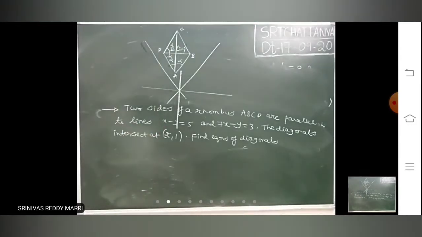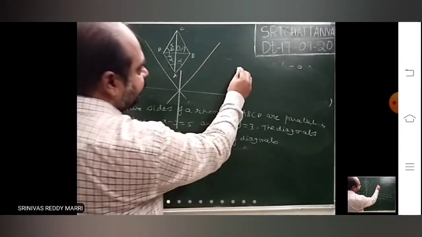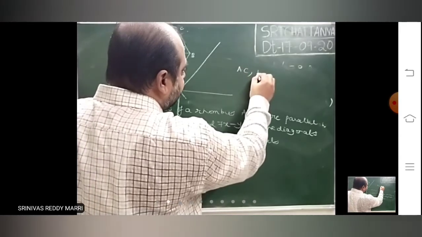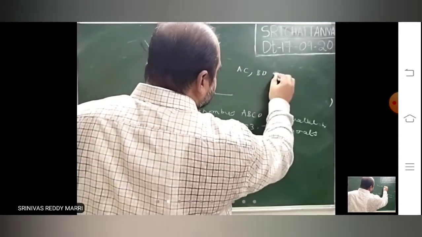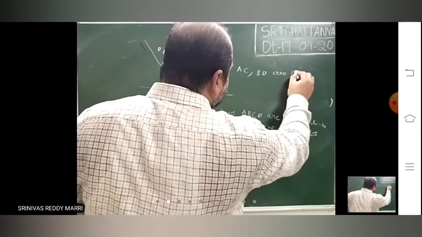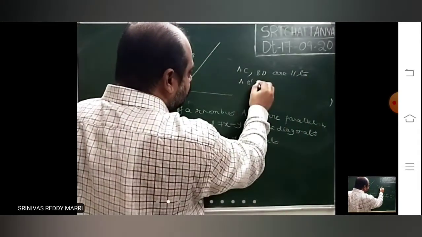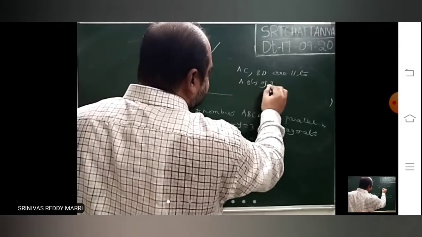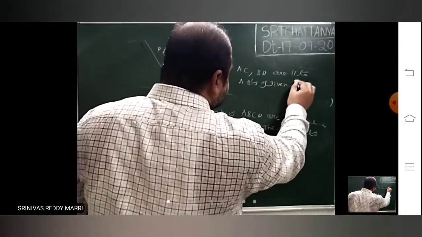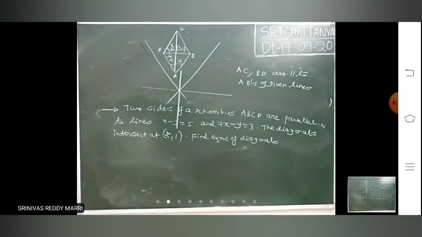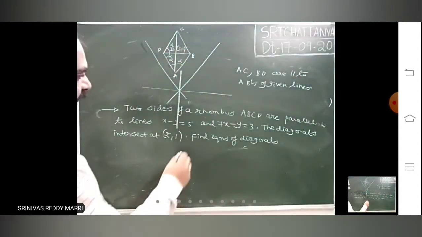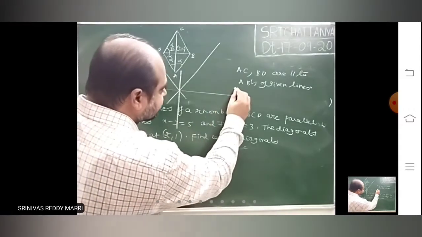That means you can find the slopes of AC and BD. Diagonals AC and BD are parallel to the angular bisectors of the given lines. Just find the slope parallel to the angular bisectors. What are the angular bisectors?